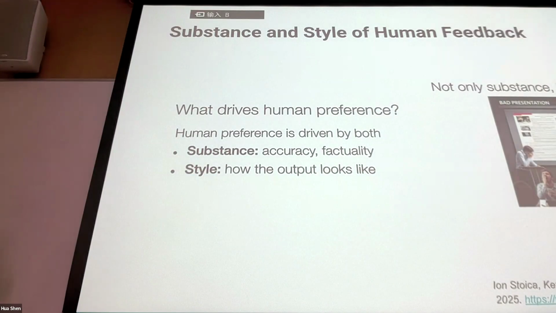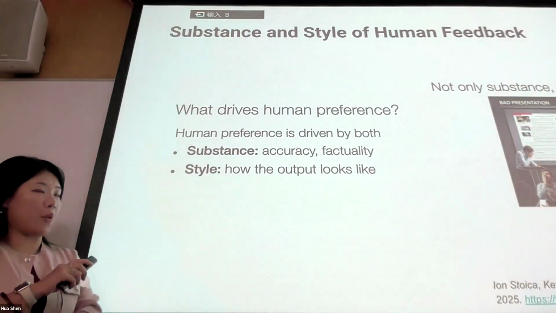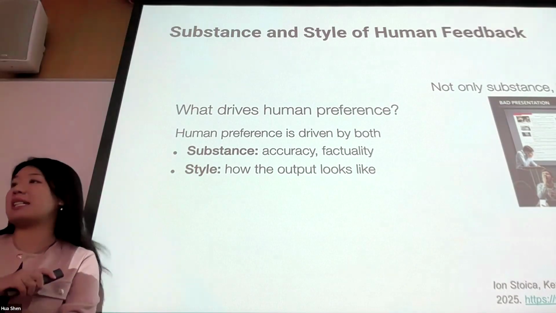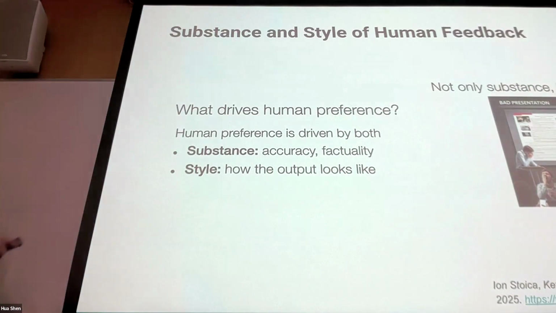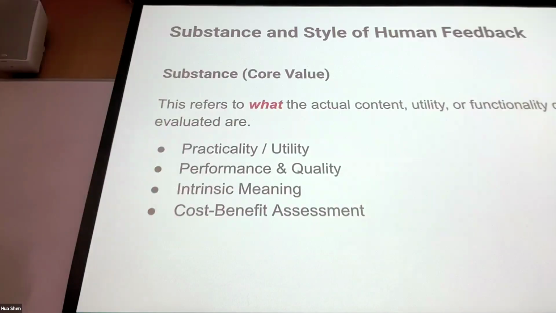That's why we're arguing that human preference is driven by both the substance and the style of the data. Current state of the art research focuses a lot on the substance, but ignores the style, which we think would be very promising to explore in different formats in the future.